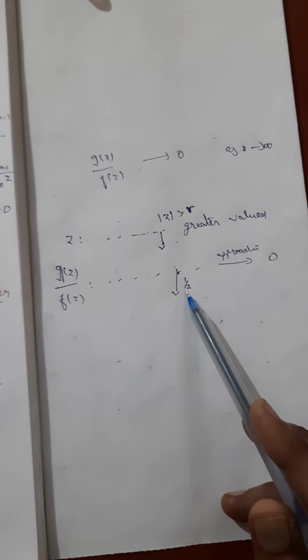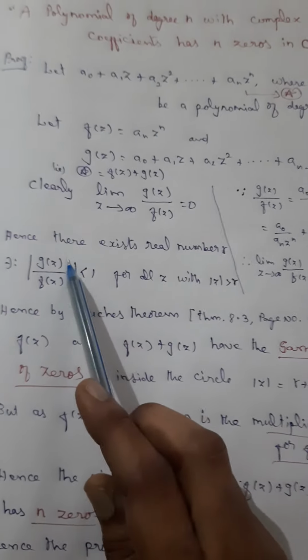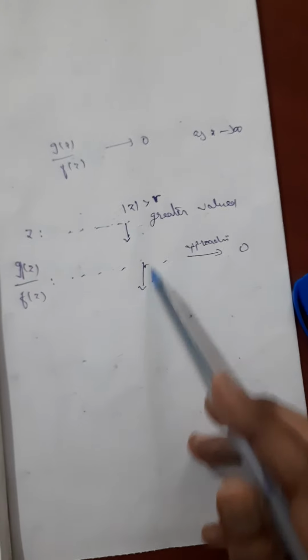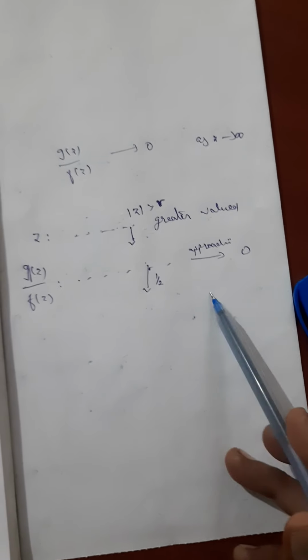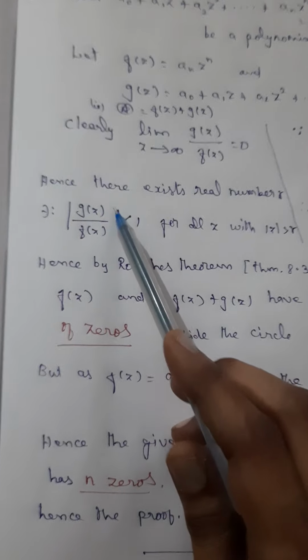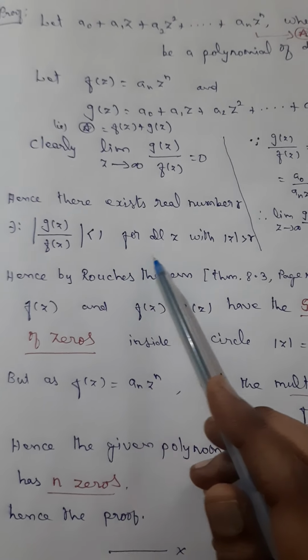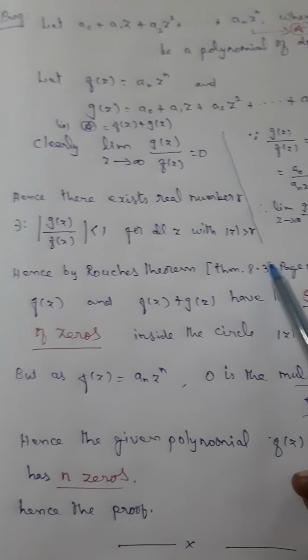It will take values less than 1. Hence, there exists a real number r. This r denotes the value for z. For mod z greater than r, this function will take lesser values. So modulus of g of z by f of z will be less than 1 for all z with mod z greater than r.